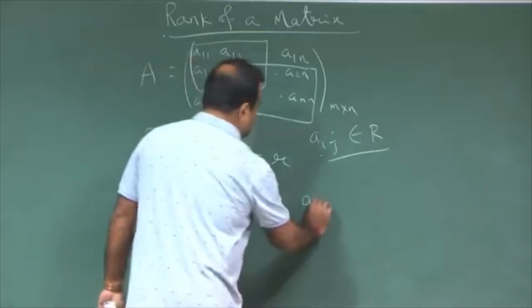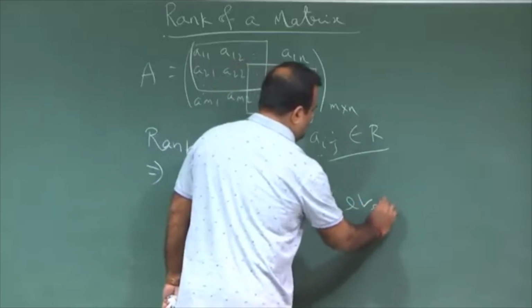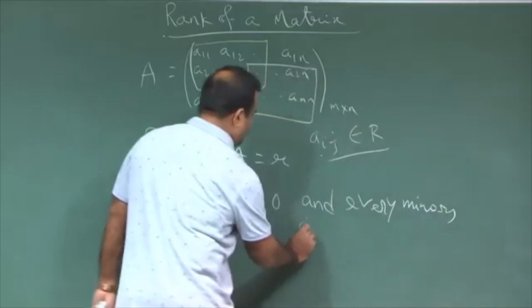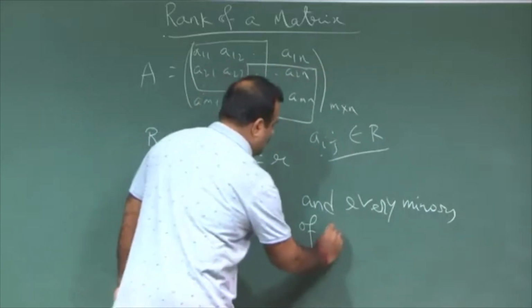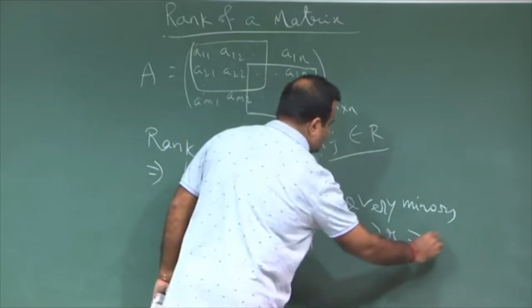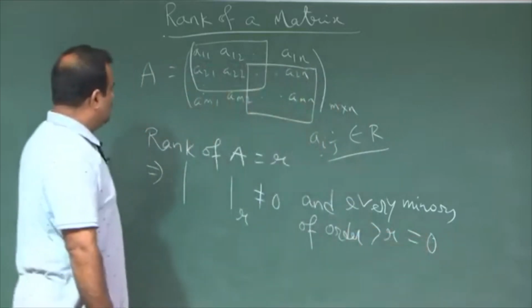and every minor of order greater than r is equal to 0. So, these are two conditions.